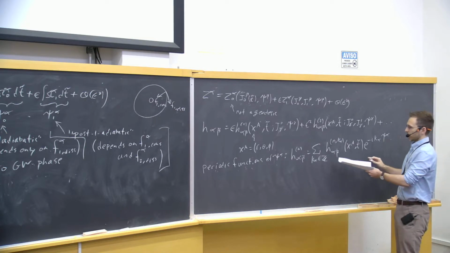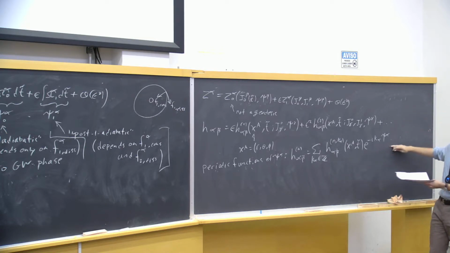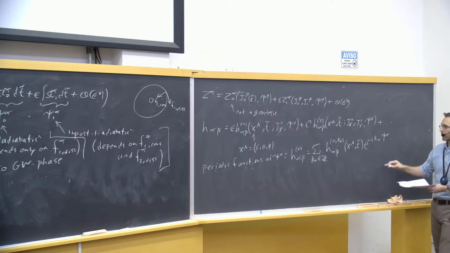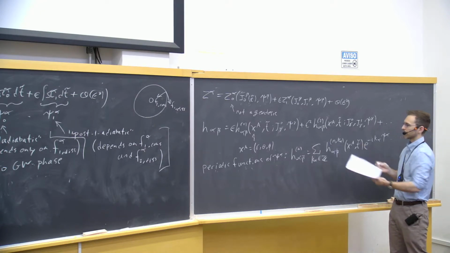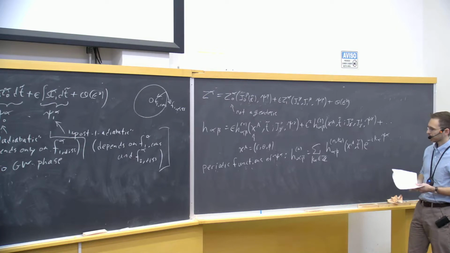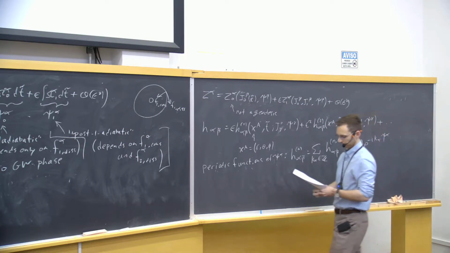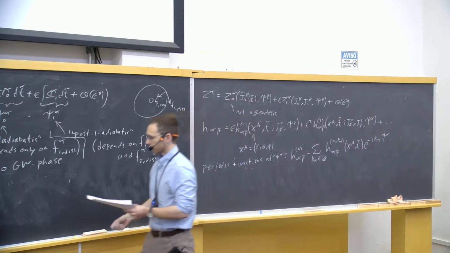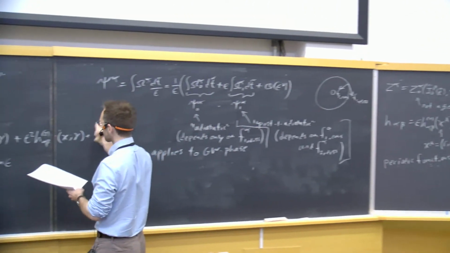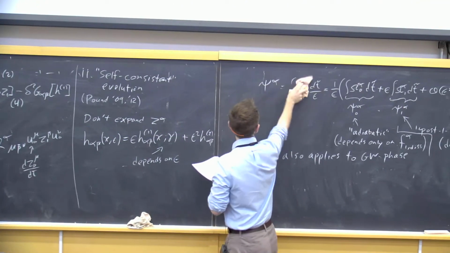Then when you come to solve the Einstein equations, you factor out all the phase dependence, and you only solve for the amplitudes. I'll just write that down before we go for lunch.